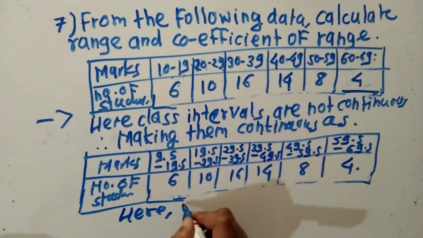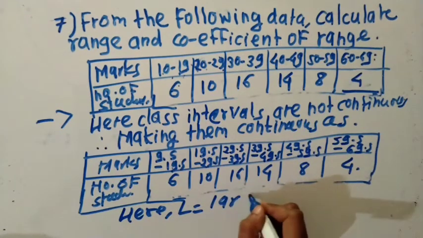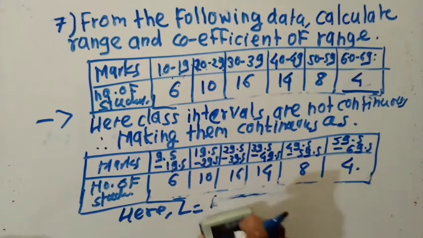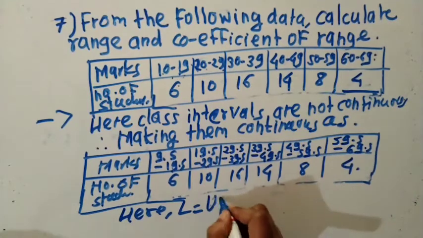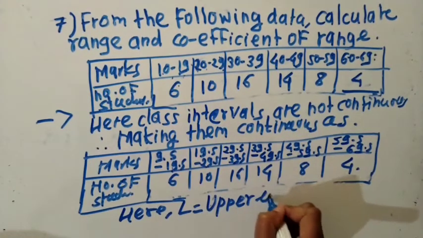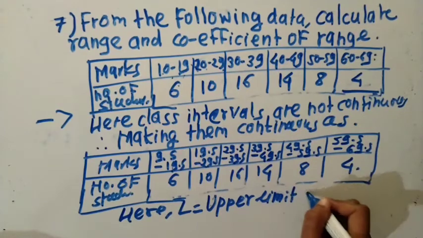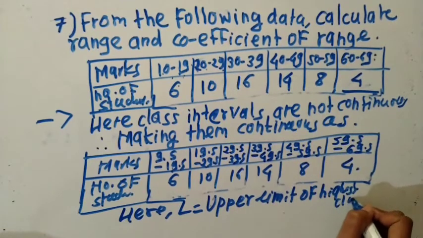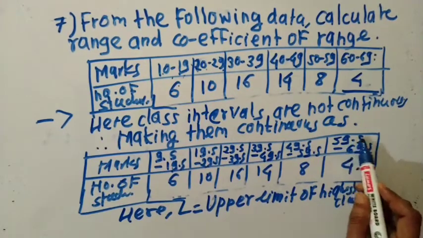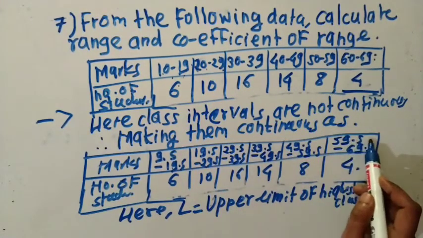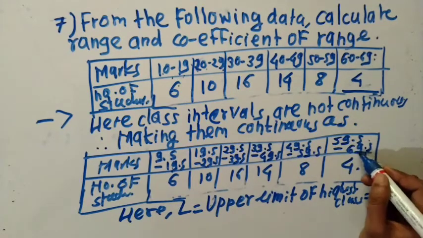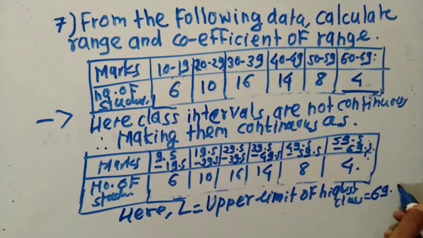So first upon here L is the largest value. Upper limit of L is the largest value means upper limit of highest class. आता ह्याचं अपर लिमिट हायेस्ट क्लास काय आहे 69.5.